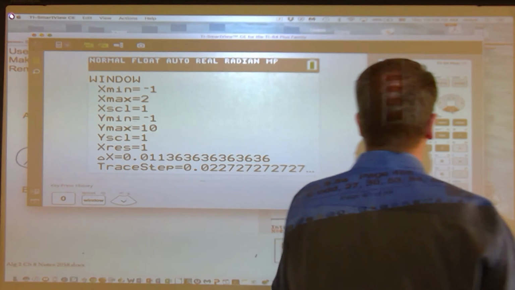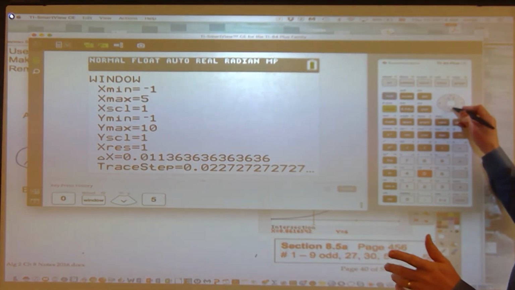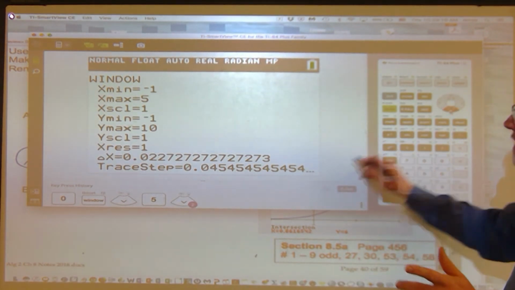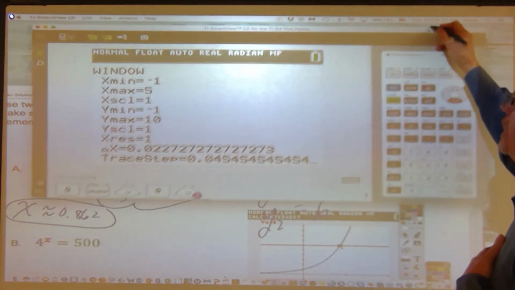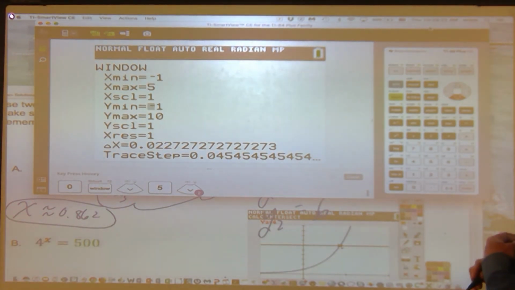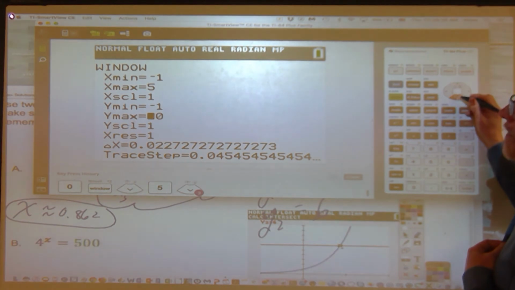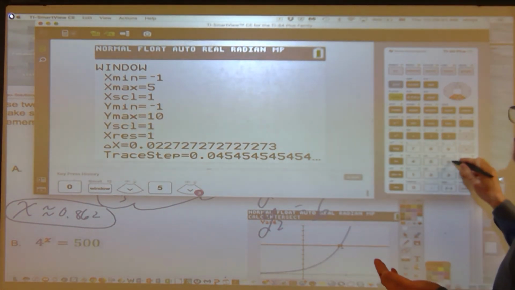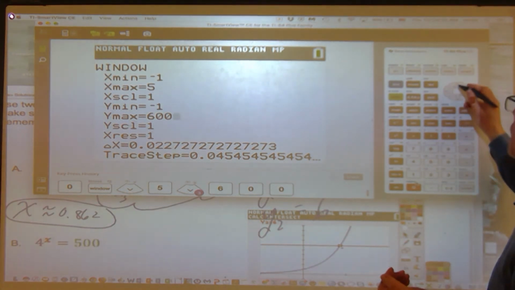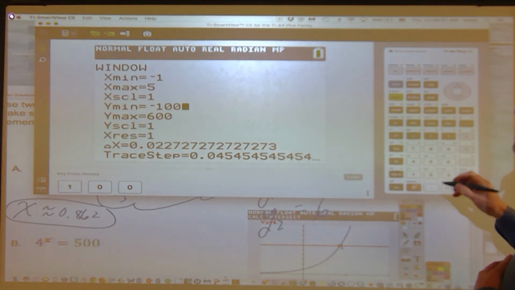I'm recommending you bump your X max up to 5 because the numbers here are bigger. And since we're setting it equal to 500, oh my goodness, 500, that's almost a gajillion. So my Y max has to be at least 500 as a result. Let's go 600. And -100, I'm going -100 to 600.